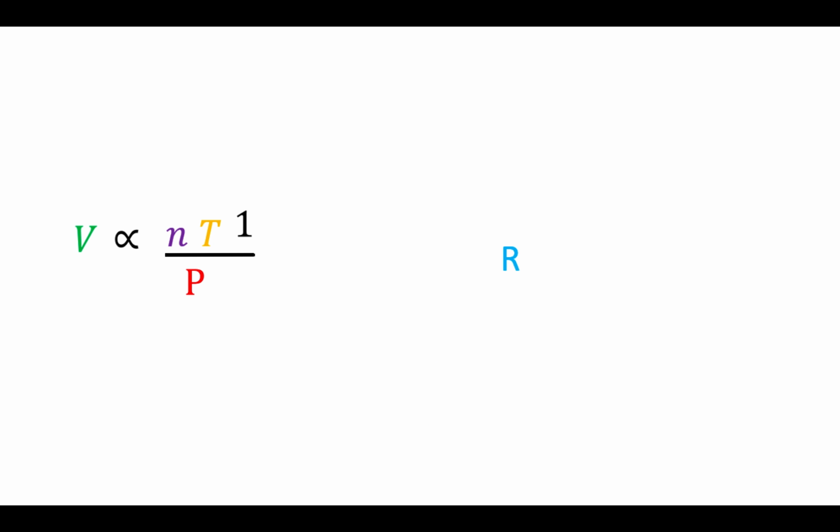And this is where I get rid of my proportional sign by bringing in the gas constant. First step, I'm going to take my P up, rearranging, and my gas constant, which is 8.314, can be stuck straight in there, and that allows me to change my proportional sign to an equal sign.